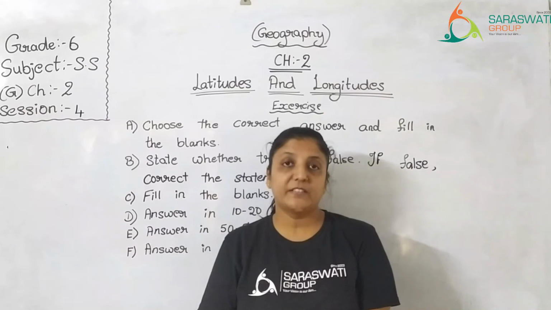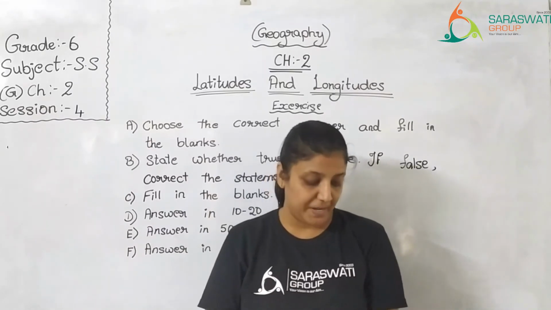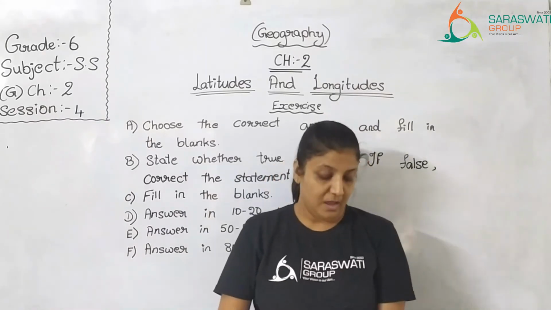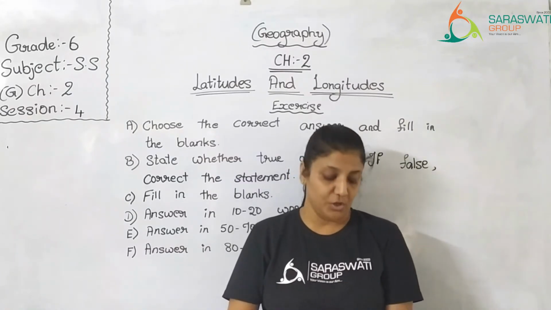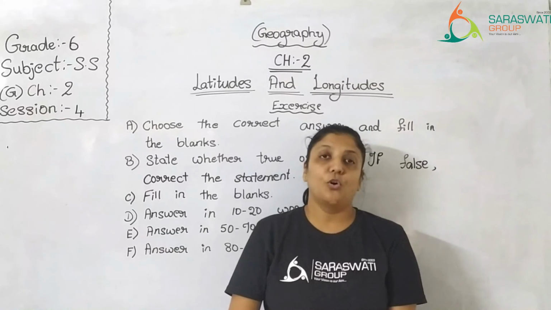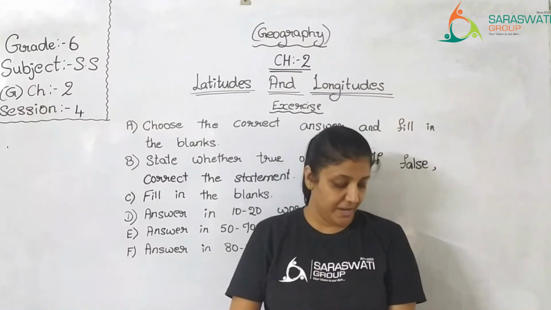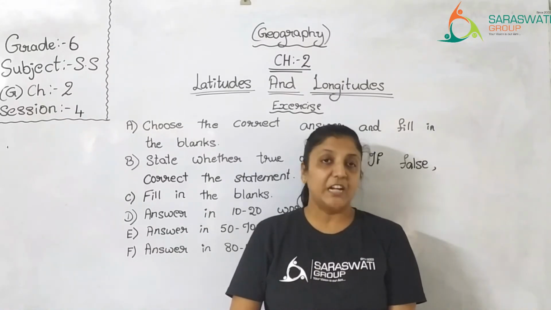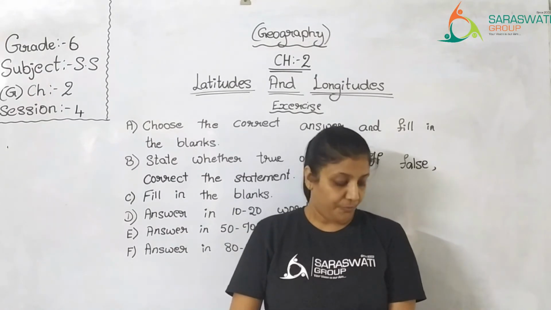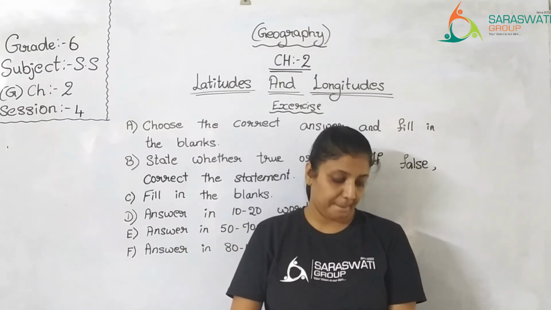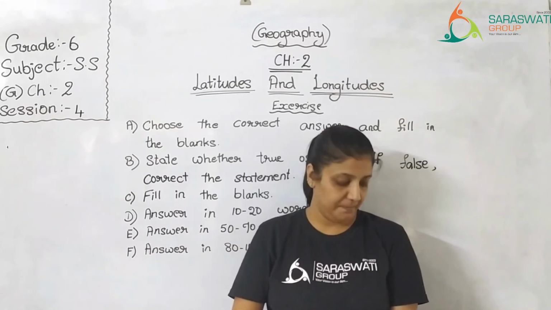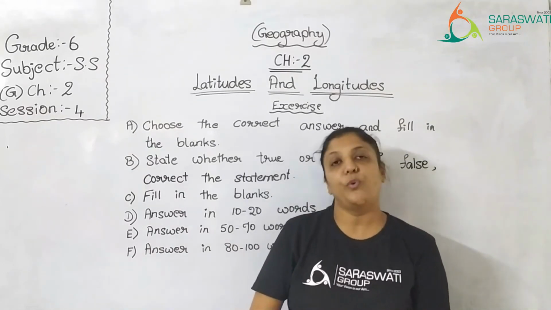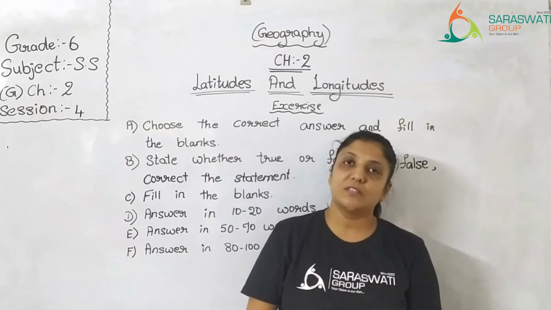The Earth takes 24 hours to complete one rotation, that is, to cover 360 degrees of longitude. So, to cover 1 degree of longitude, it will take 4 minutes of time. Places in the east are ahead in time than places in the west. So, this is the answer.